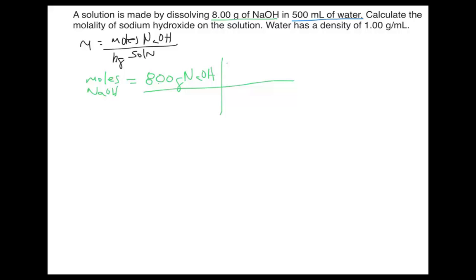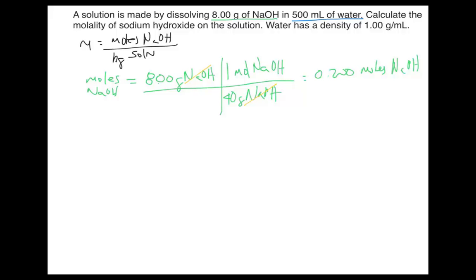In 1 mole of sodium hydroxide, we have 40 grams of sodium hydroxide. So now we can cancel the units of grams, and we have our value in the units of moles. That is the one that we need. So 8 divided by 40 will be equal to 0.200 moles of sodium hydroxide.